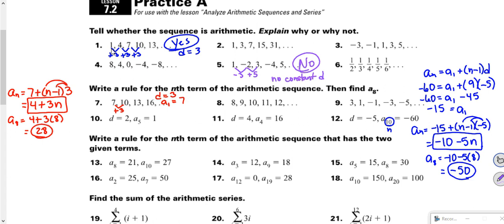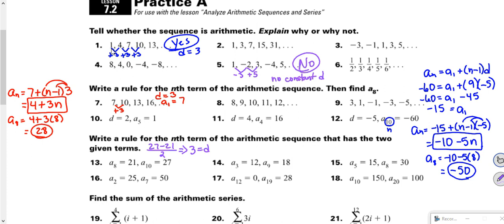The difference from 27 minus 21 encompassed 2 jumps, 8 to 9 and 9 to 10. So 6 divided by 2 is 3. That's going to be your D. 21 plus 3 would give you 24, that would be your 9th term, and then 24 plus 3 would give you 27, that would be your 10th term. So D equals 3.